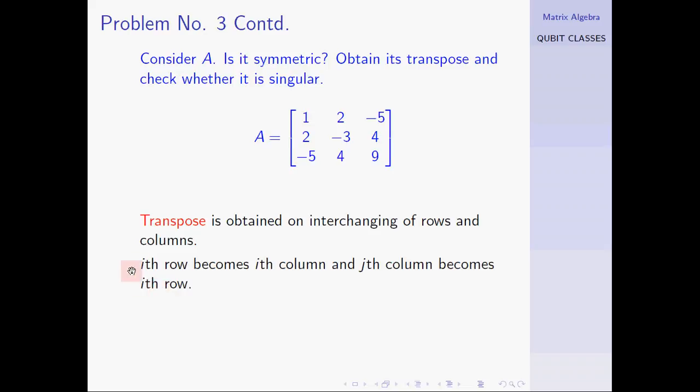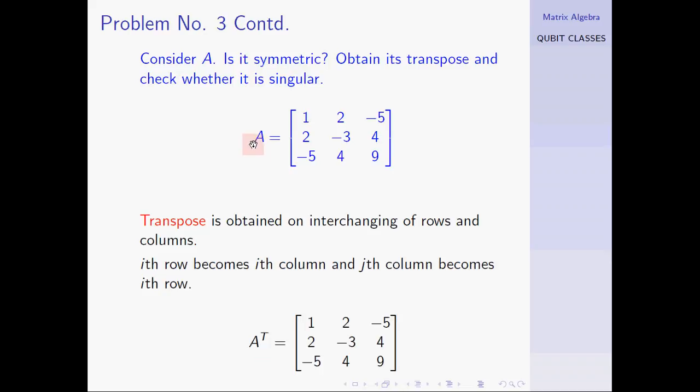So you will see that both statements mean one and the same thing. A transpose is denoted by A with a T as a superscript, but note that it is not a power, it is transpose.